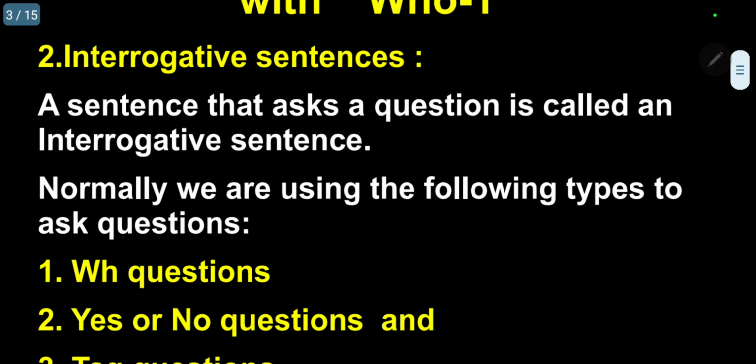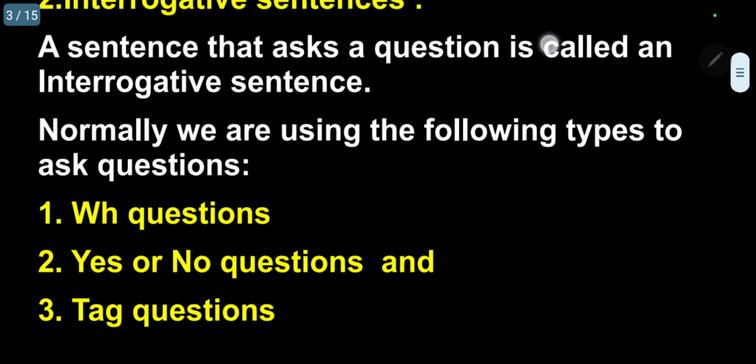A sentence that asks a question is called an interrogative sentence. Normally, we use the following types to ask questions.